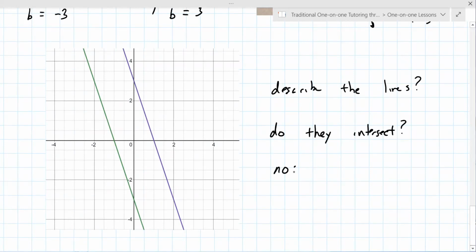No, they do not, because they are parallel. Parallel lines do not intersect. If they don't intersect, there is no solution. Okay, let me just write that down. Okay, wrote it down.